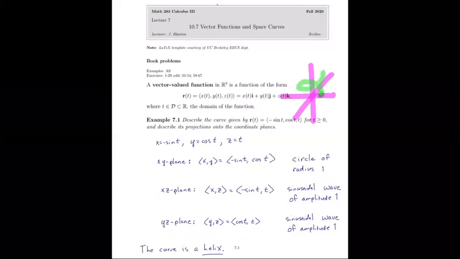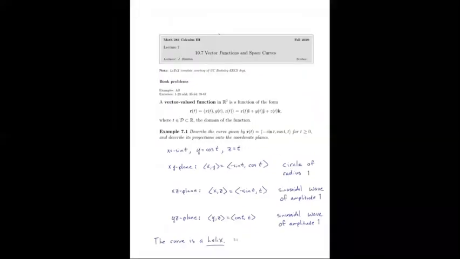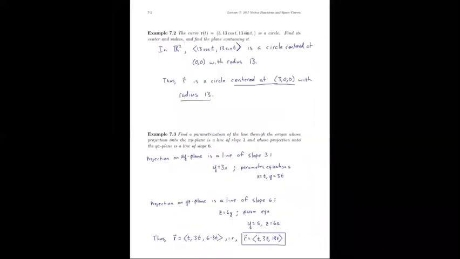And it's a helix moving up the z-axis. So if you look down the z-axis, you see a circle. And if you look at it from the sides, either of these planes, you see sinusoidal waves. And that's this curve. Not all curves are easy to discern. So we won't always try to identify every curve in these terms, but we can always break things down in terms of their components.